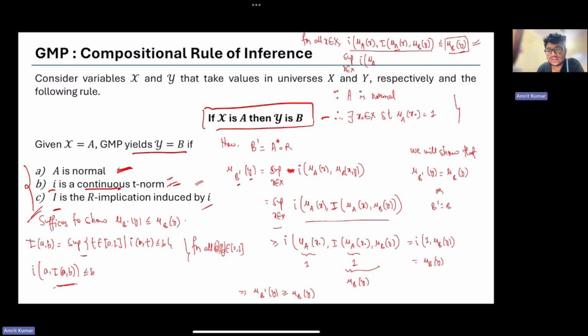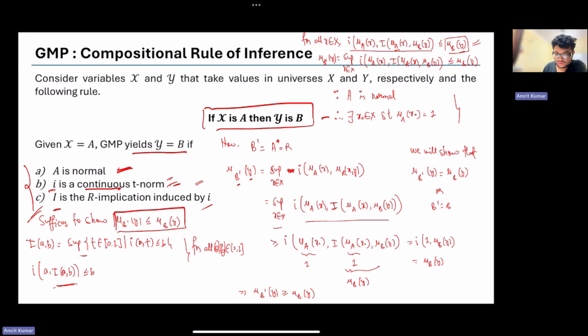But the supremum is the least upper bound. And therefore, the supremum of these quantities as x varies over the universe capital X would be less than or equal to mu B of y. But this whole thing is nothing but mu B dash of y, right? Therefore, we are able to establish that mu B dash of y is less than or equal to mu B of y.